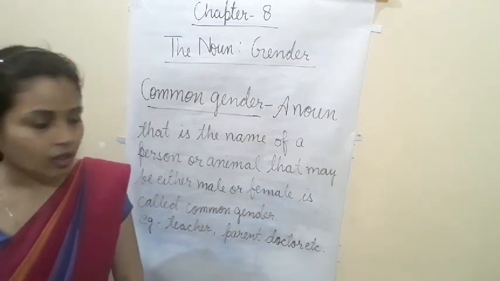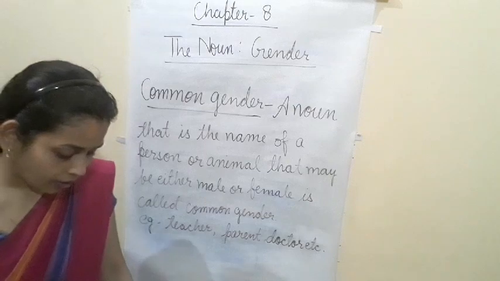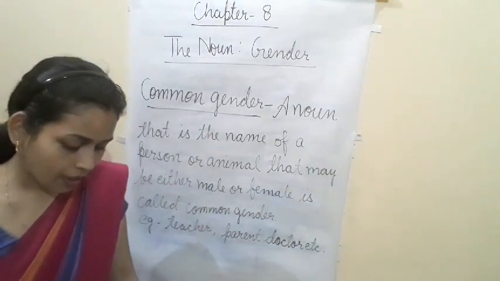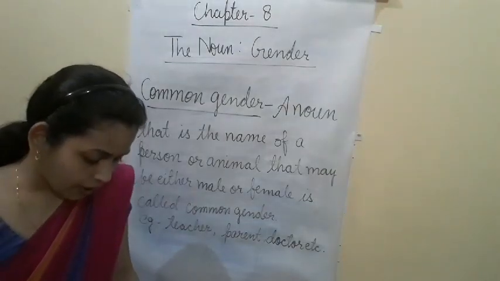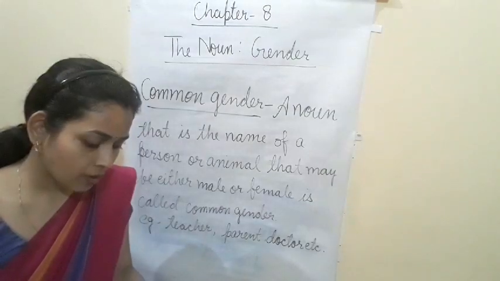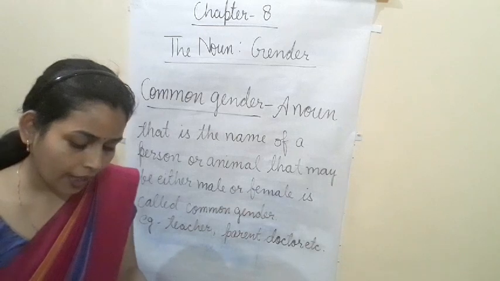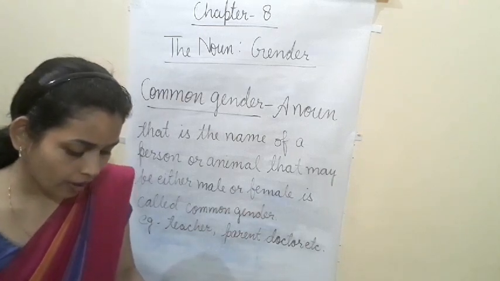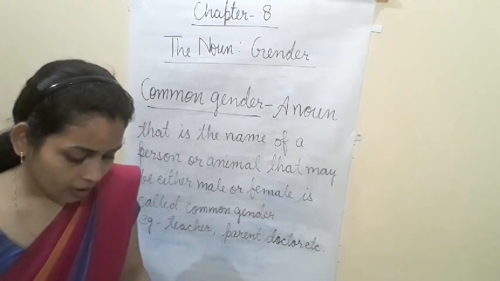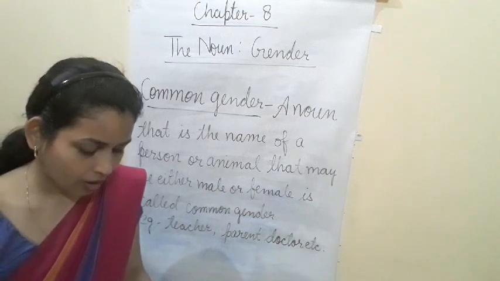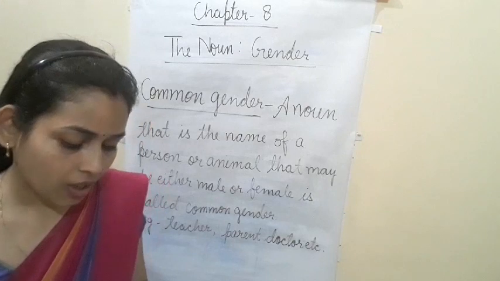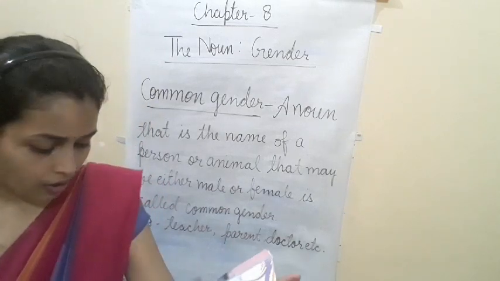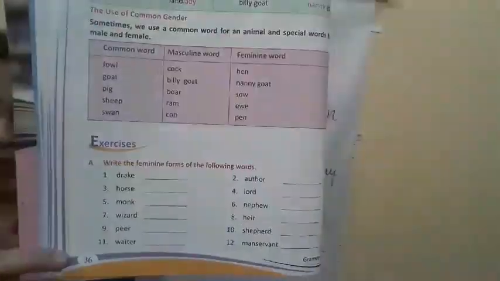Examples: teacher, parent, doctor, etc. Many examples are there in the book. On page number 36, you will find that sometimes we use a common word for animals also, like goat, pig, sheep, swan. This is page number 36, you can see.